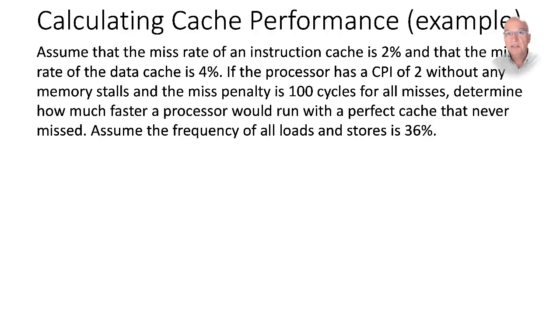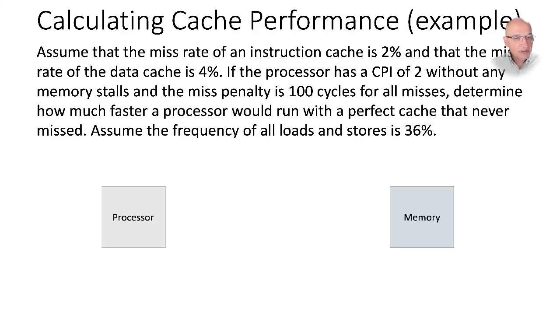What that means is that 36% of the instructions will be loads and stores. And remember, those instructions are the only ones that access the data cache. So for every instruction, I have an access in the instruction cache because I have to fetch the instruction. 36% of the time, or for 36% of the instructions, I also have an access in the data cache. So I have my processor, I have the memory, and I have my instruction cache.